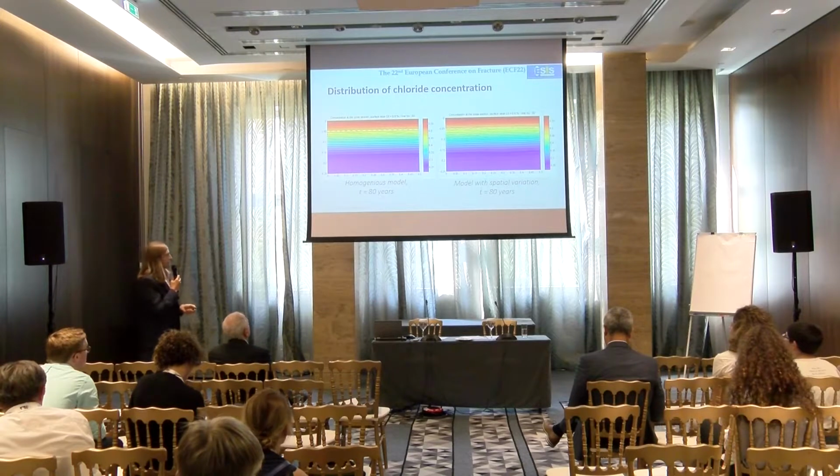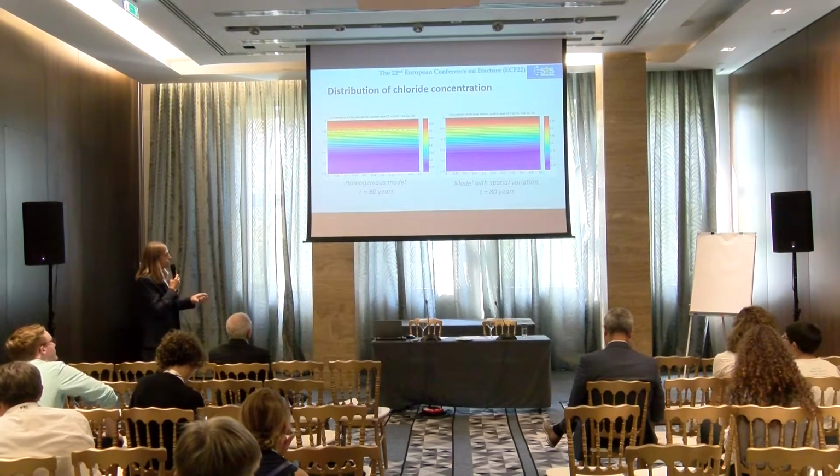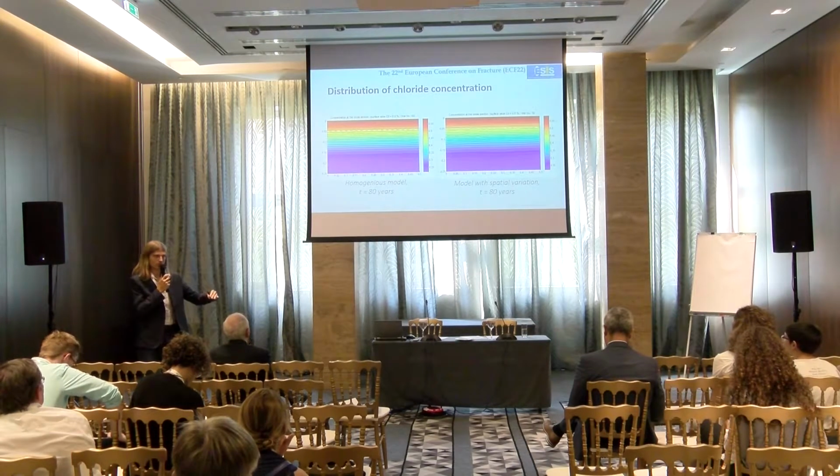So this is a result of the simulation. Two models: one is the homogeneous, the other is heterogeneous. Concentration of the chlorides is the loading from the surface. Here, the dashed white line represents the possible level of the steel reinforcement that is prone to corrosion.